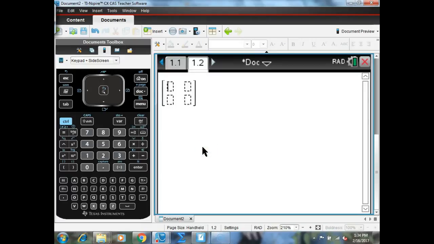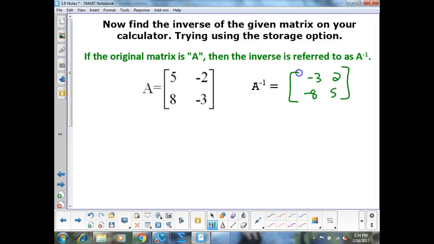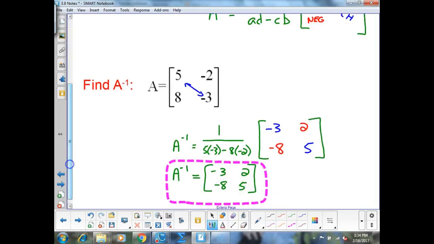Now I should have written that one down as to what it was. 5, -2, 8, -3. Okay? We know from our last problem that this answer is going to be -3, 2, -8, 5. The same one as we just did. Okay? Same one down here.